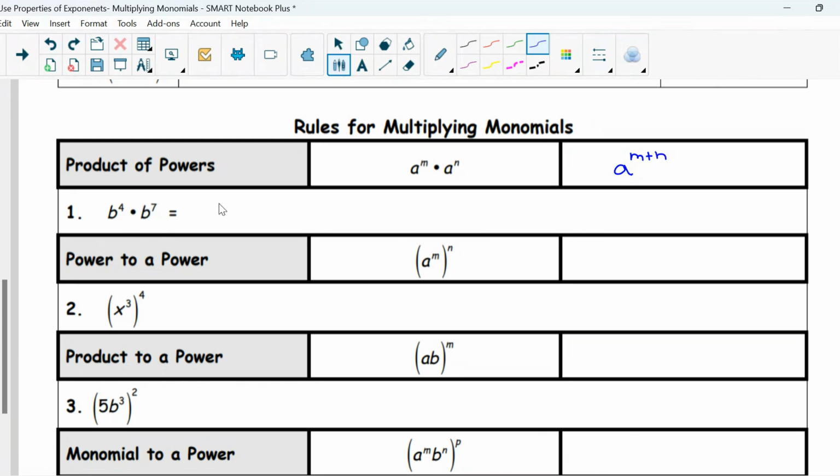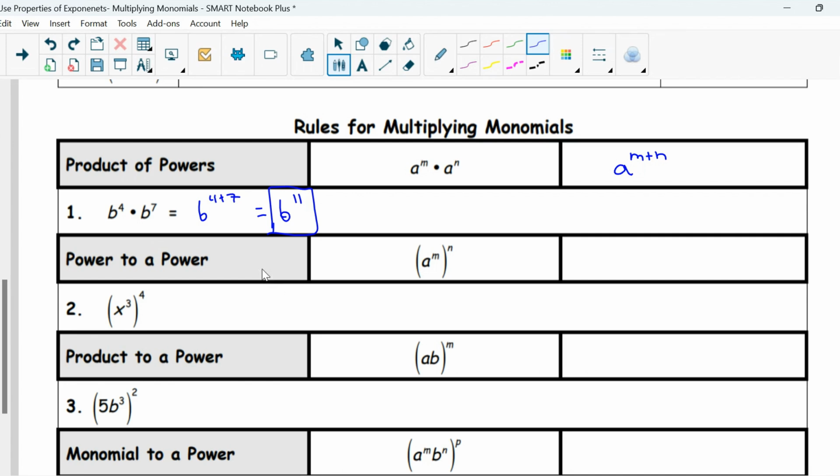In our example here, we have the same base, b, in each. This would be b to the 4 plus 7 power. 4 plus 7 is just 11. So in total, this is b to the 11th power.